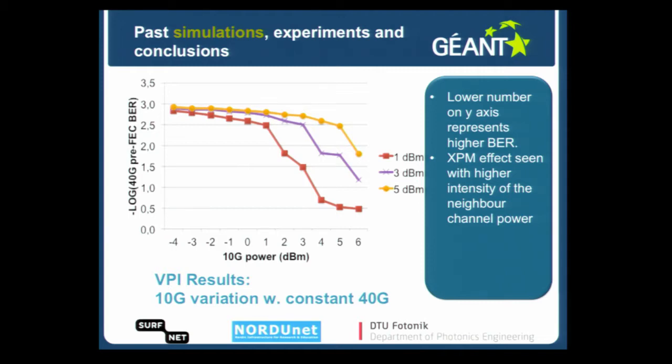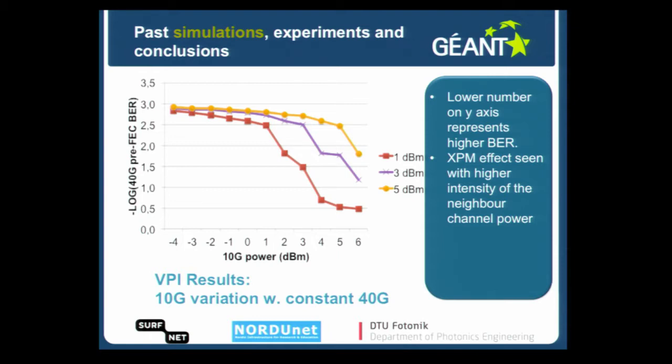These are the simulation results with 10G variation and a constant 40G, and basically I had to figure out this sketch before, it took me some while, because when the curve is going down here, it means there are more bit errors. This is the bit error rate, so the higher curve here means a better quality. So what happened?